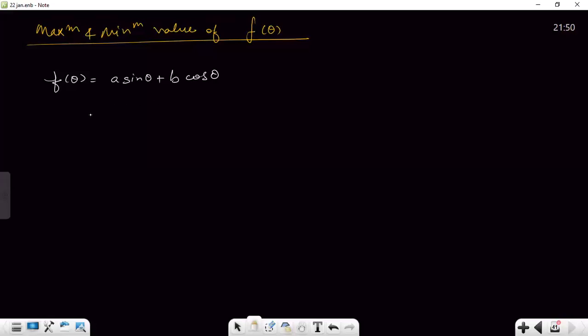Its minimum value is minus of the modulus of square root of a square plus b square. It is this minimum value. Its maximum value is the square root of a square plus b square. Simple.